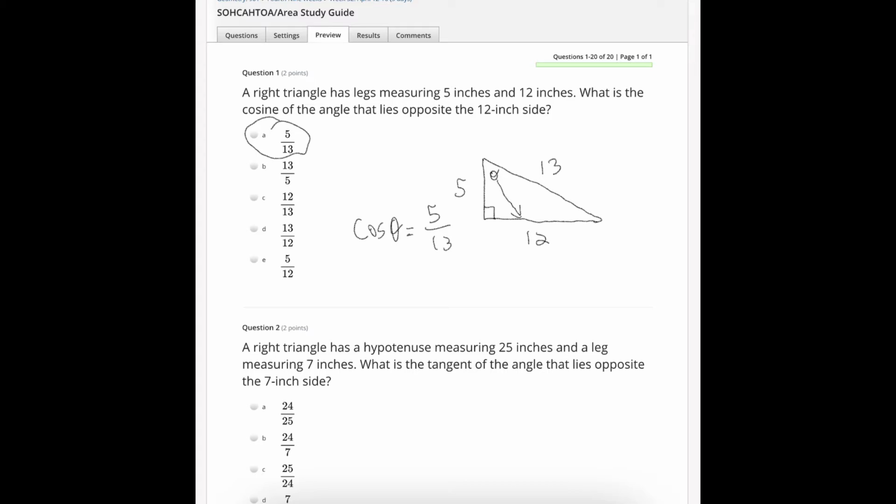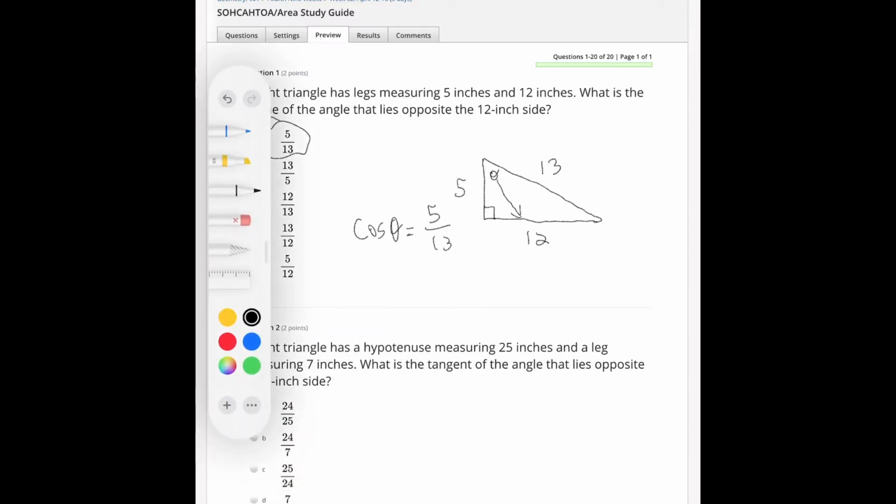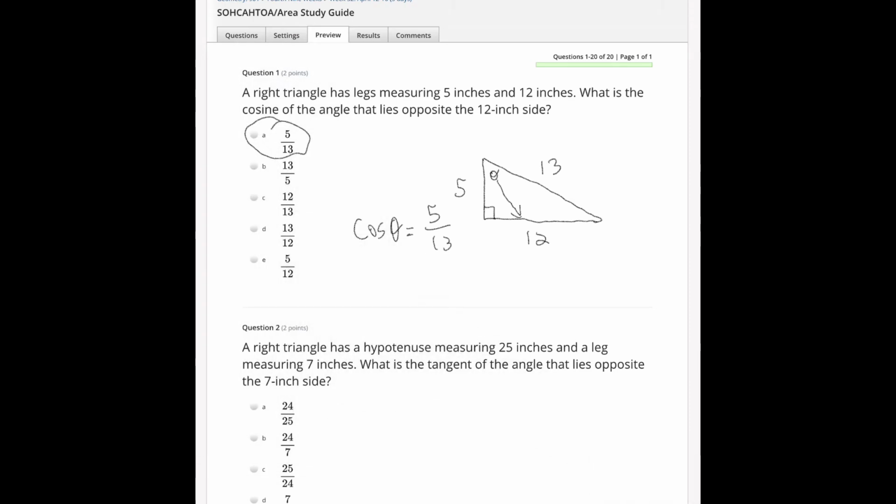Okay. Let's move this out of the way. All right. Now number 2, a right triangle has a hypotenuse measuring 25, and a leg that's 7.